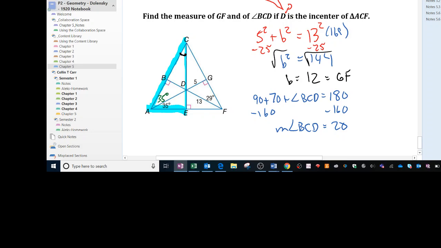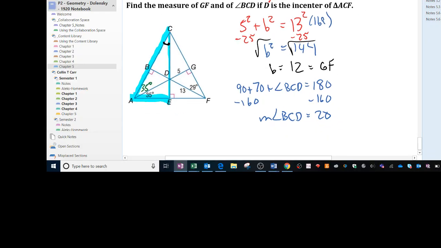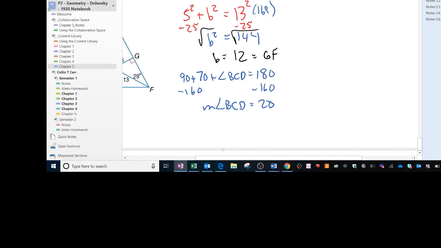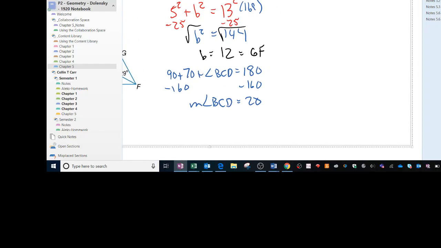All right. Now, I'm going to do this as a little extra. This is just good knowledge. So in the Pythagorean theorem, you have certain triples. You have what's called the 3, 4, 5 triangle.